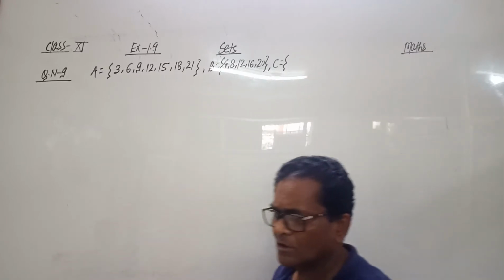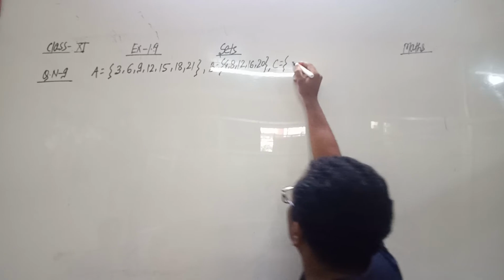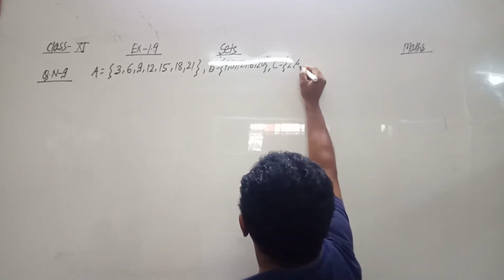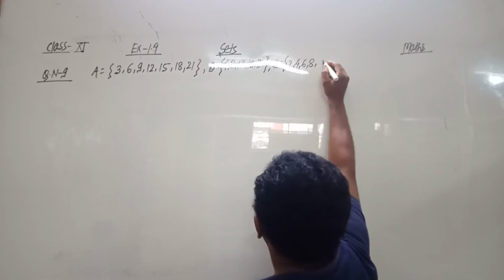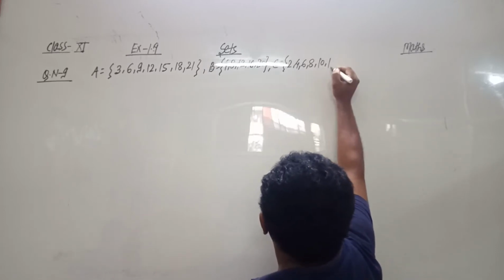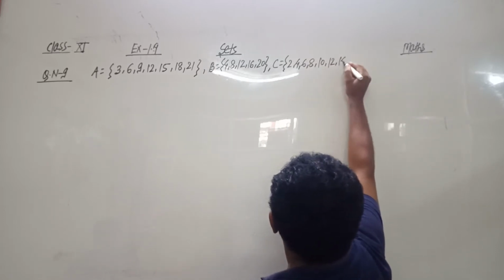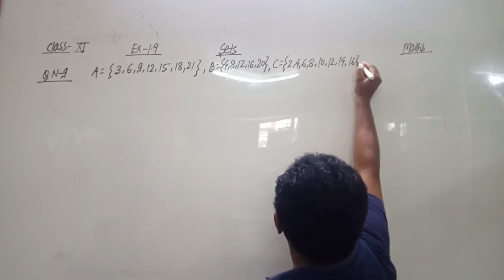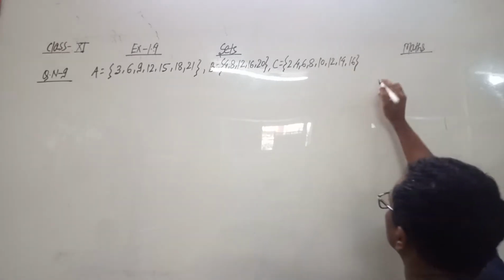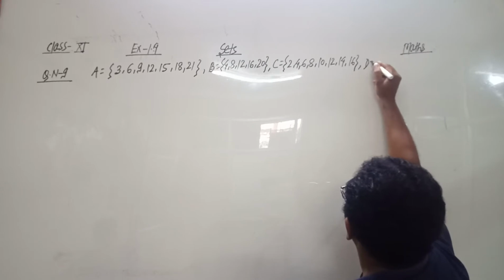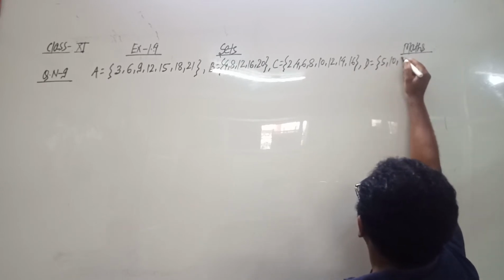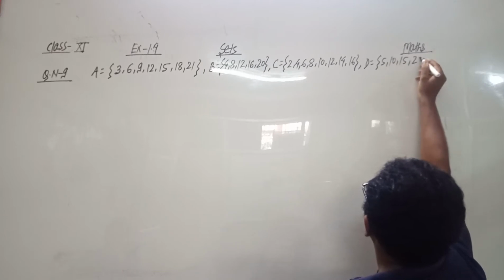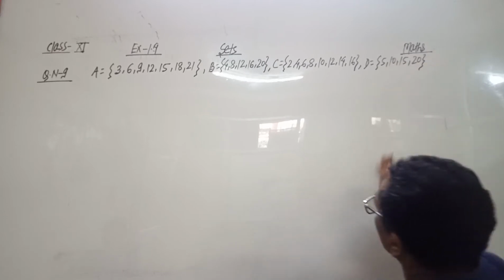And set C is 2, 4, 6, 8, 10, 12, 14, 16, and set D equals 5, 10, 15, 20.